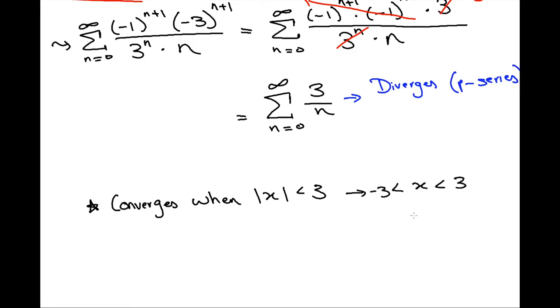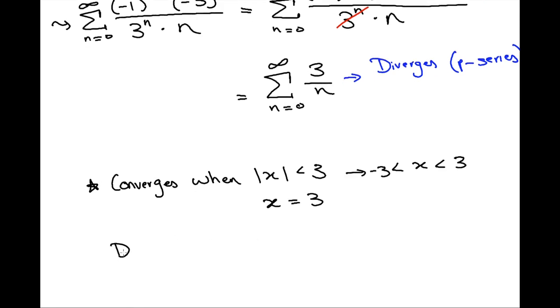It converges on this interval here. It also converges when x equals positive 3, right? However, it diverges when the absolute value of x is greater than 3 or when x equals minus 3, right?